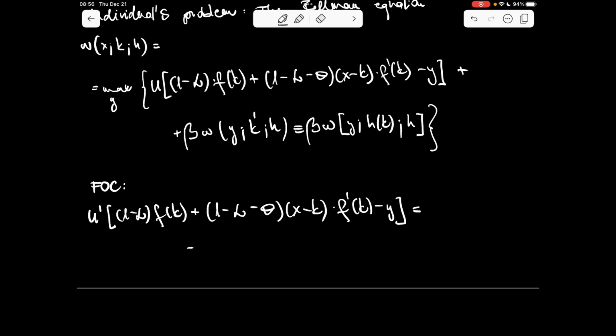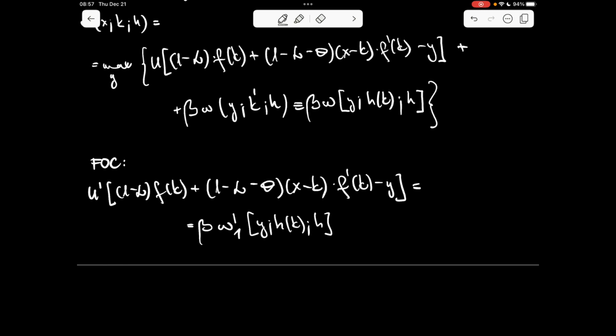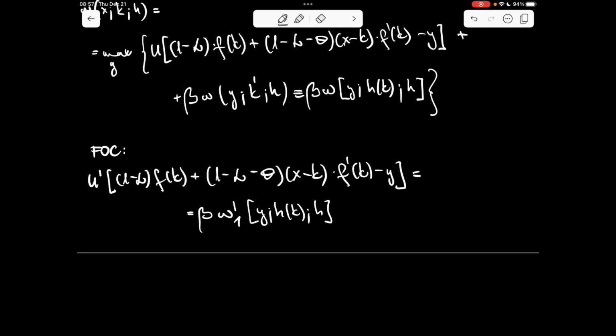Okay, so this is the first order condition. As always, we have a problem at this point because we know nothing about the derived value function.